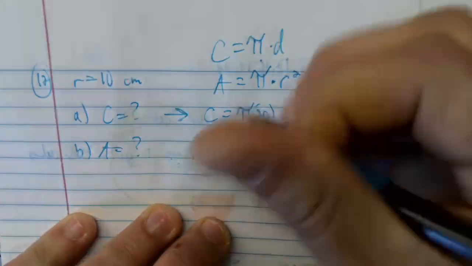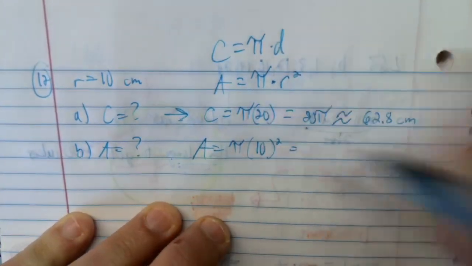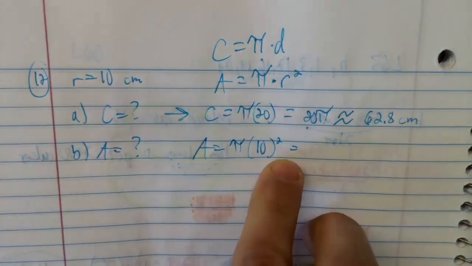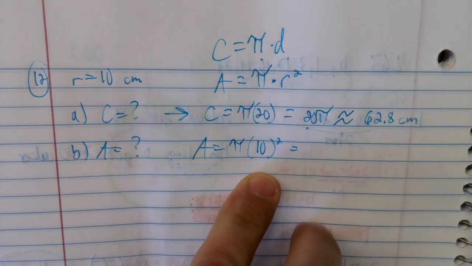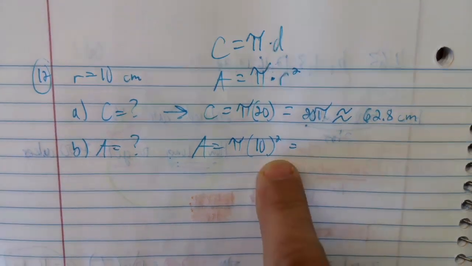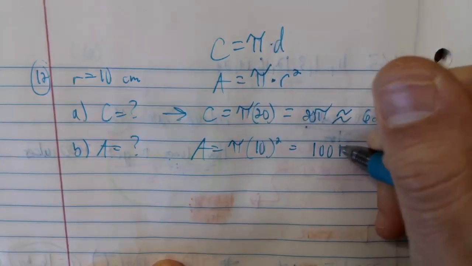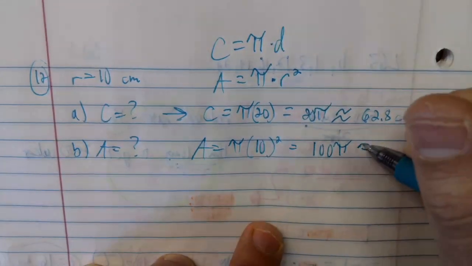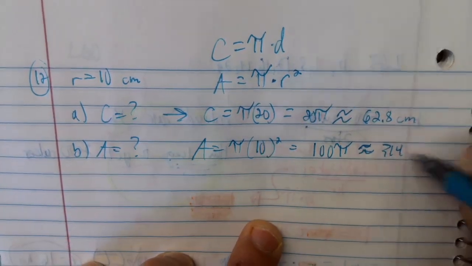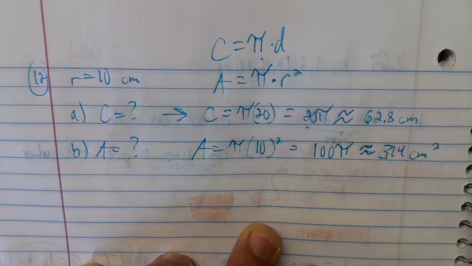Well, it tells you straight up r is 10. What do you do first? Times pi or squared? I do the 10 times 10 first because exponents come before multiplication. So that's going to turn into 100 pi, which is estimated at 314 centimeters squared.